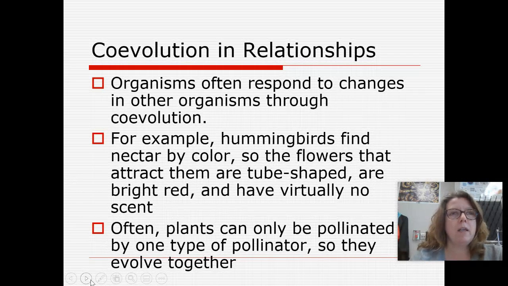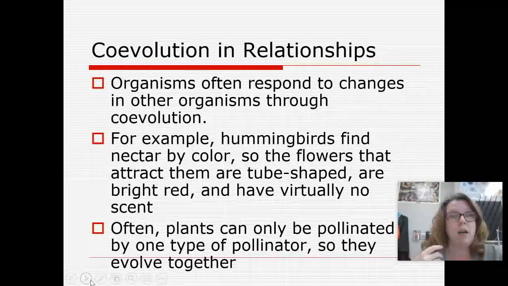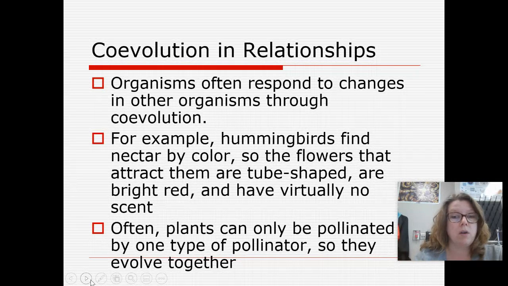And that nectar is not an advantage to the plant. It really is just there to attract the animals in. So the animals get food from it, but the way that the plant benefits is that the birds get pollen rubbed off on them when they go in and feed, and then they rub that pollen off on the next flower when they go in to feed on the next flower.